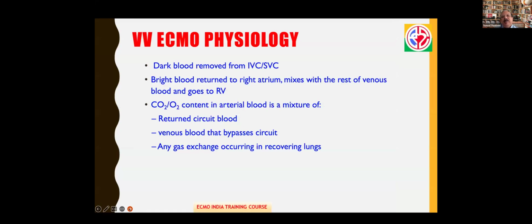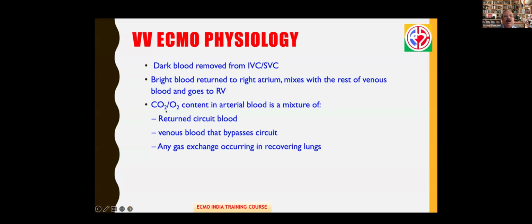Dark blood is removed from the inferior vena cava or SVC, whichever is the biggest reservoir of blood. From there, you need to collect the blood, and the bright blood returns to the right atrium, mixes with the rest of the venous blood, and goes to the right ventricle.